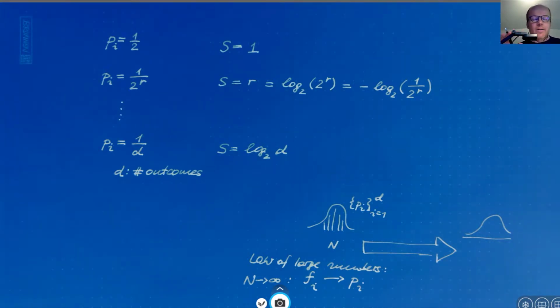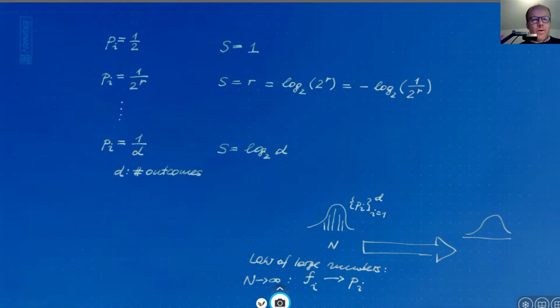Such a sequence is called typical if the relative frequencies of the various outcomes coincide with the probabilities of these outcomes. What the law of large numbers guarantees is that if n goes to infinity, then we can be certain that every sequence is typical.